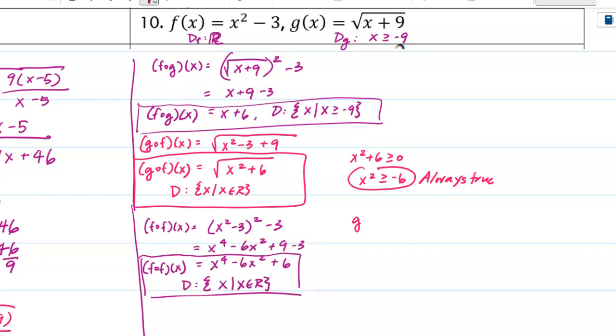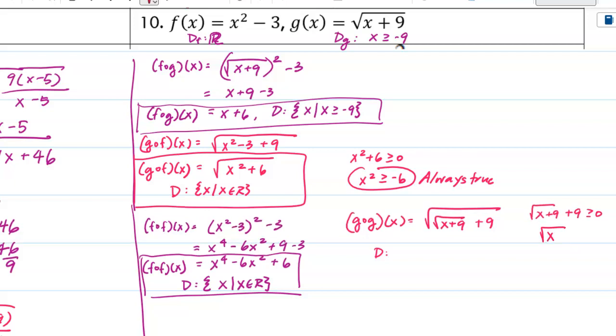So the domain of this is x such that x is an element of all real numbers. And then let's do g of g of x. Once again, we're going to have a radical inside of a radical. The restriction was that x has to be greater than or equal to negative 9. If I take this radical, the composition of function, and make it greater than or equal to 0, x plus 9 is greater than or equal to negative 9.